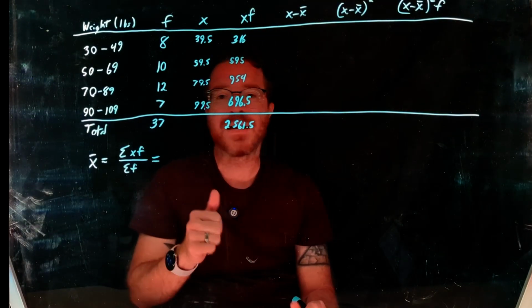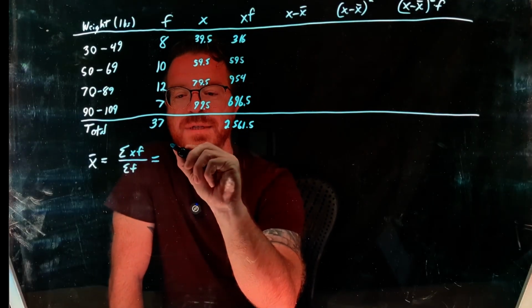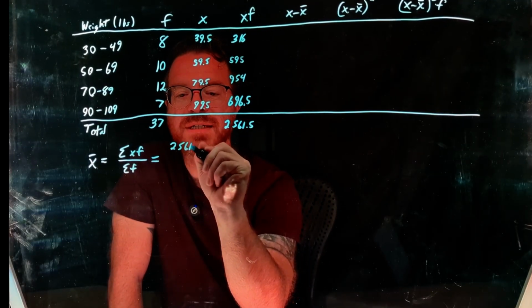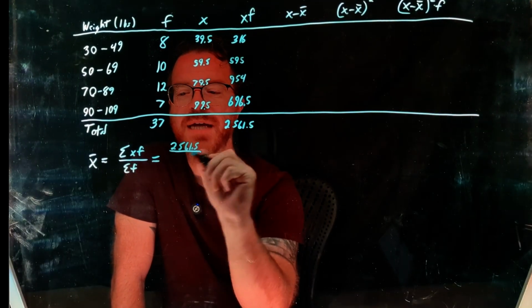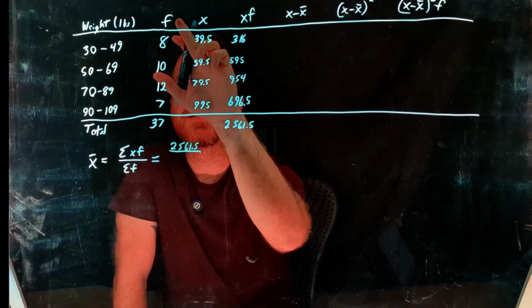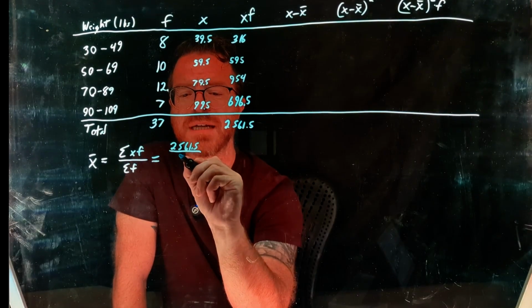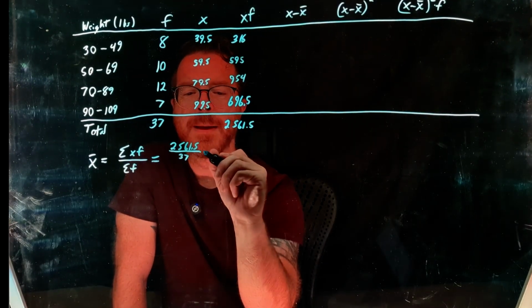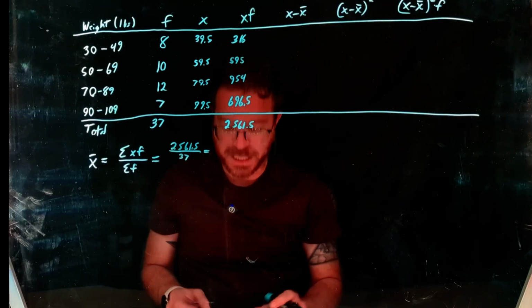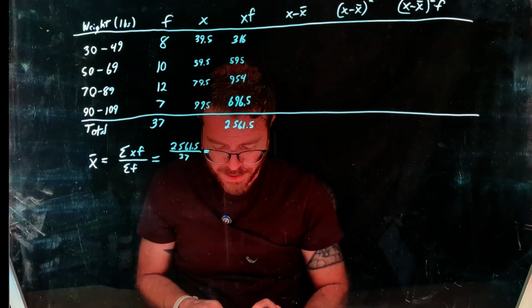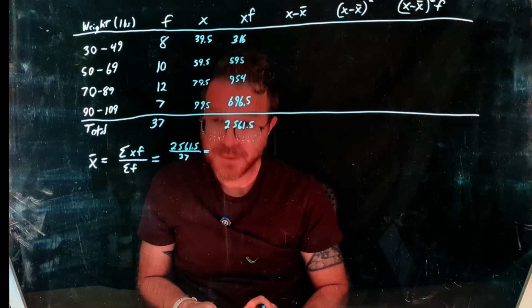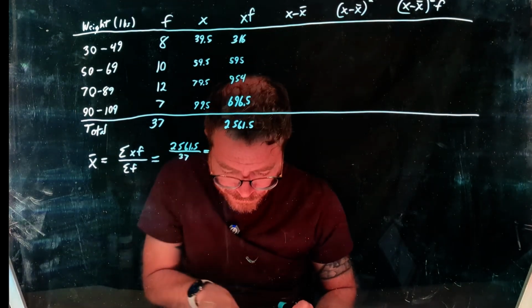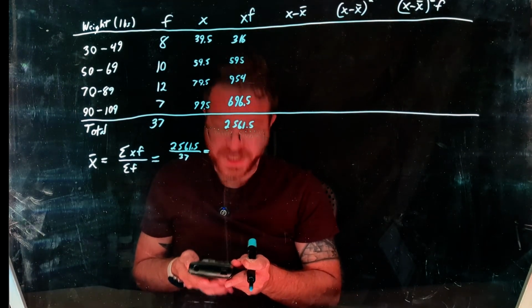And this is the sum of my x times f. So this is going to be 2,561.5 divided by my sum of f, which I get by taking the total of my f column. This is going to give me 37. So this means that I will have a mean of 69.23.